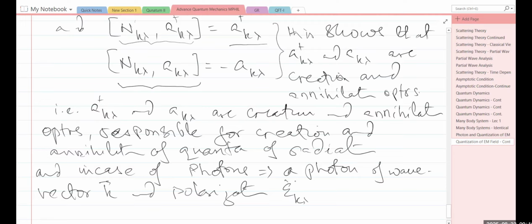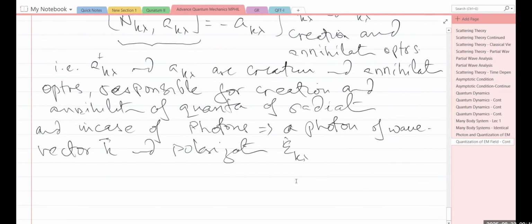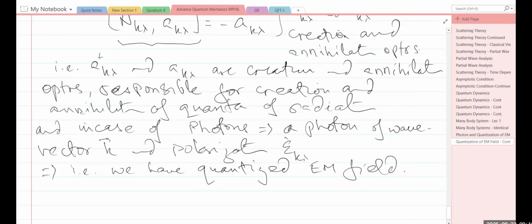So in this sense, what we have done is basically quantized the electromagnetic field. From here we learn that because of this creation and annihilation of quanta of radiation, it makes sense that we have quantized our electromagnetic field. So to conclude, we have quantized the EM field.